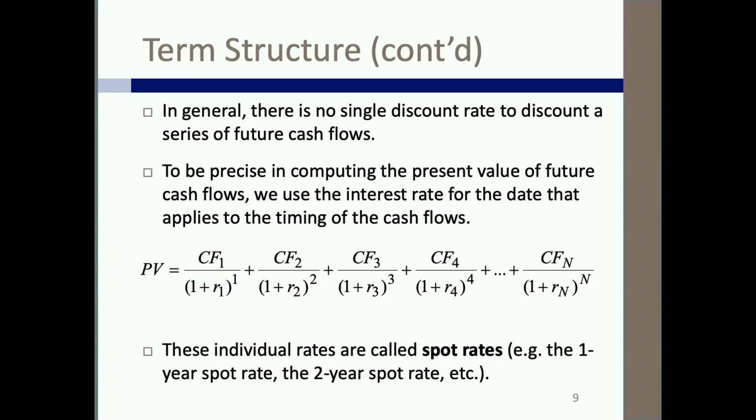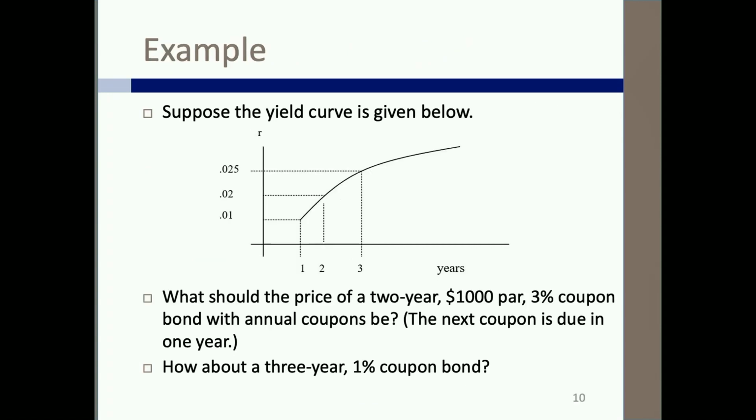Let's look at an example. Suppose the yield curve is given below. Okay? So think about how to interpret this. So here we have years. 1 year, 2 year, 3 year. So what does this say? The 1 year spot rate is 1%.